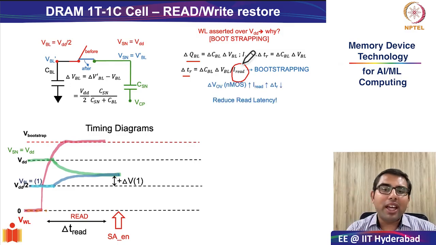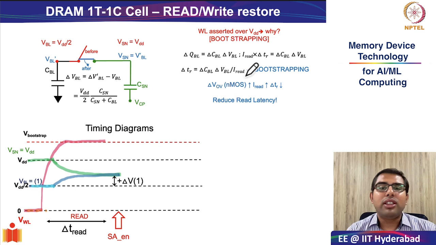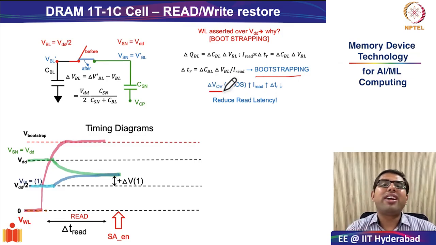How do we bump up the read current? The methodology to somehow increase the read current is the process of bootstrapping. Remember, the current that can flow through any transistor is directly proportional to VGS minus VTH the whole squared, which is also called the overdrive voltage.